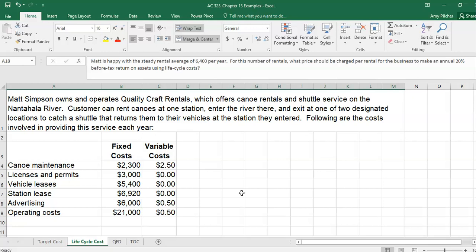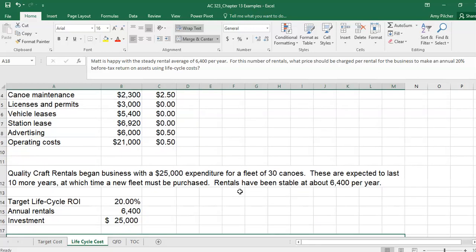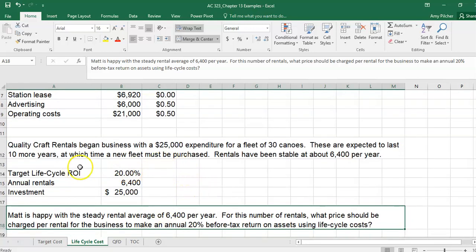We rent canoes at one station, and then we drive people back to their vehicles after they get out of the river. We have an example of what all of our costs here for fixed costs and variable costs. And what we're trying to find out is what do we need to charge for rentals if we want to make sure that we have a return on assets of 20%.